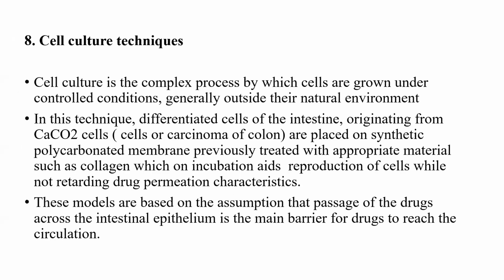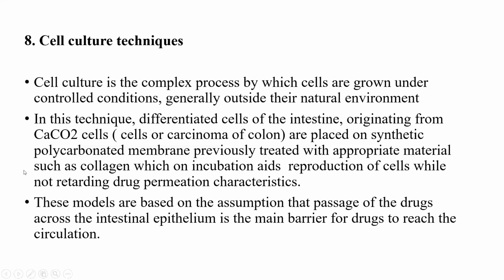Similarly, cell culture techniques can also be used, where you are growing the cells under controlled conditions. You would have heard about Caco-2 cells. They are cells used for tissue culture. Usually, for cell culture techniques, cells of carcinoma of the colon may be used.